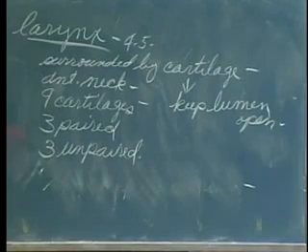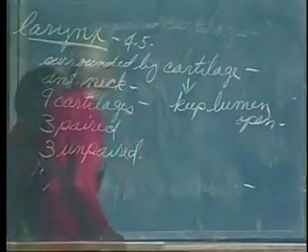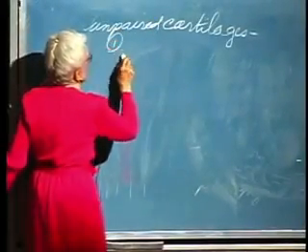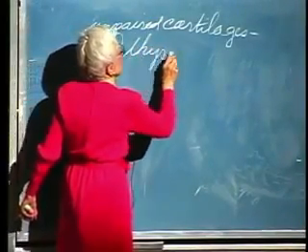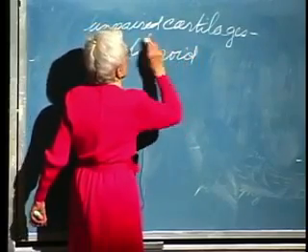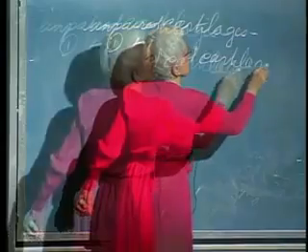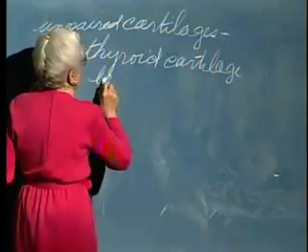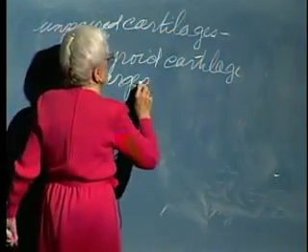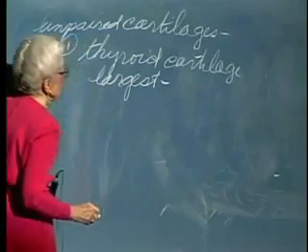So unpaired cartilages. First, we'll have the thyroid cartilage, the largest. It's the first part of the larynx.